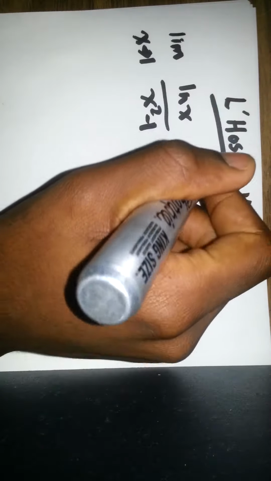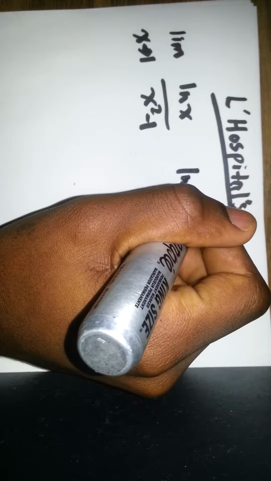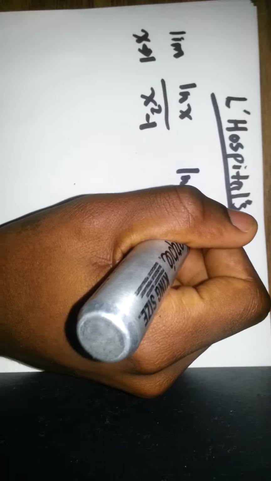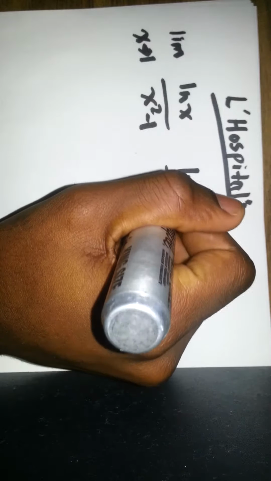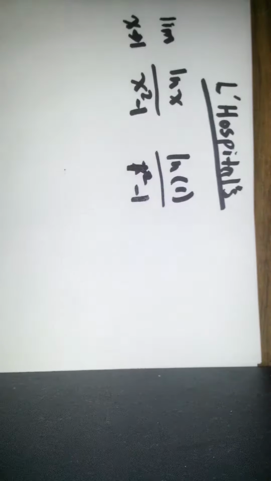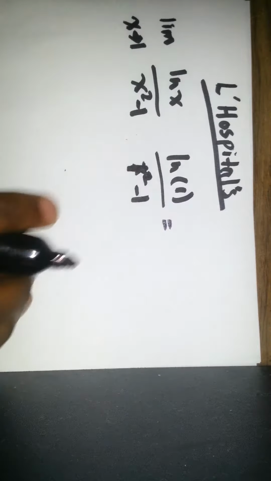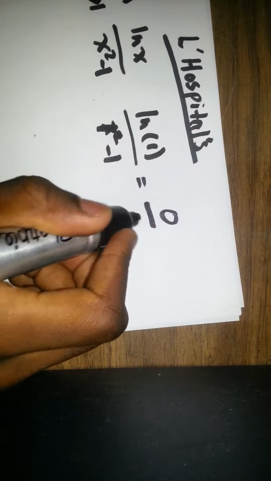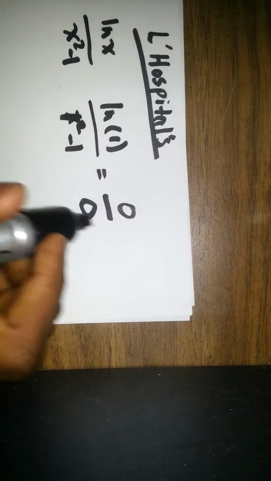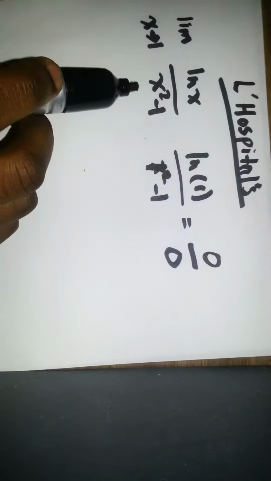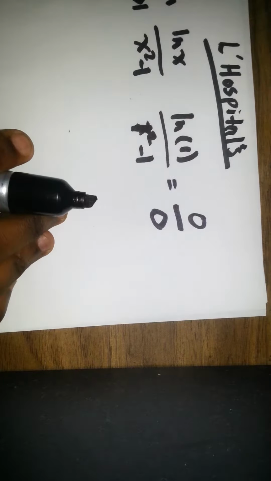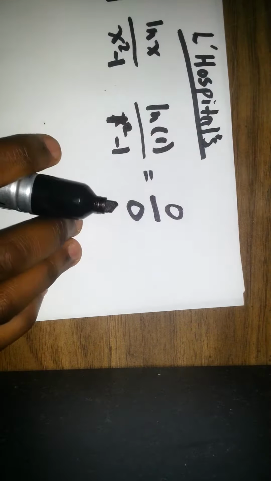So ln 1 over 1 squared minus 1. ln 1 is 0. 1 squared minus 1 is 0. So this equation did in fact end up in indeterminate form, so we can use L'Hopital's rule.